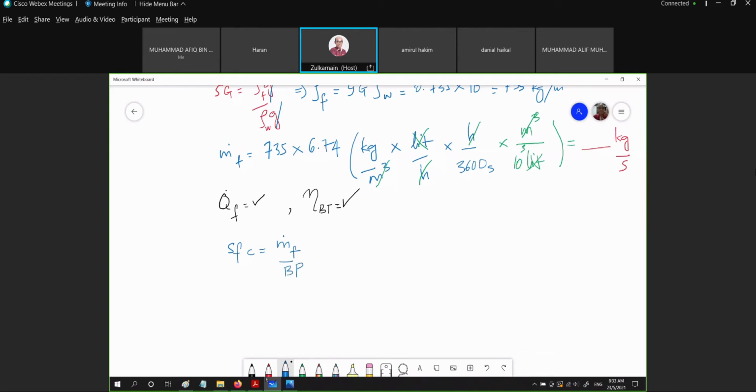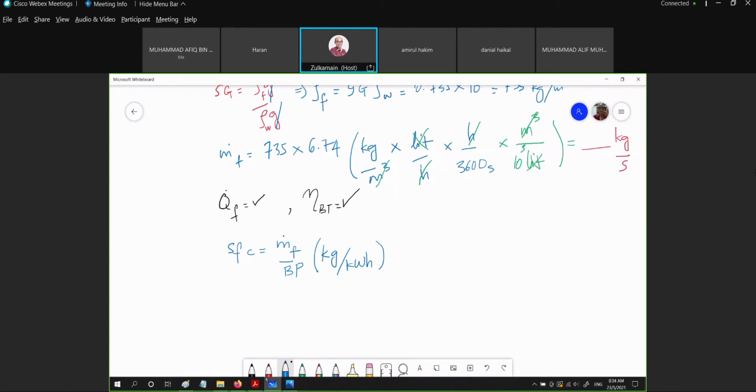Okay. Dan cukup penting di sini adalah untuk lihat dari segi dia punya unit. Bear in mind, this SFC should be in kilogram over kilowatt hour. This is the standard unit for SFC.